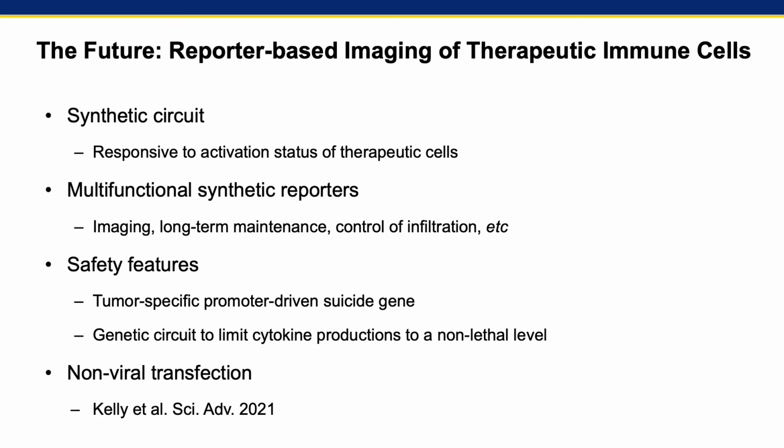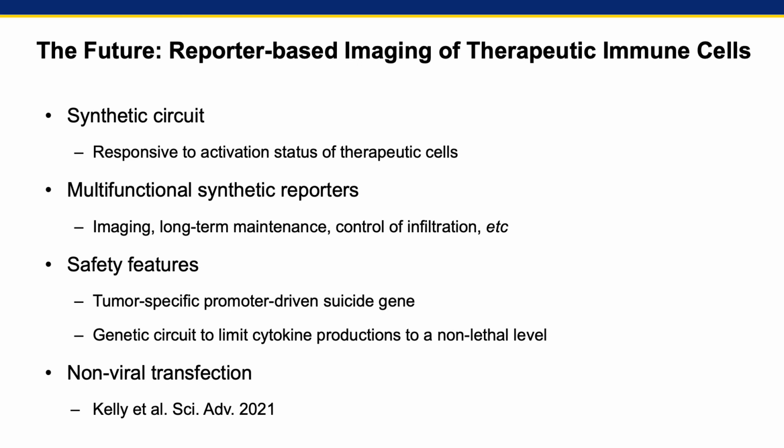And I'd like to conclude my presentation by suggesting where we can go from here for reporter gene-based imaging of therapeutic immune cells. We can build a synthetic circuit to improve or do more things. For example, a circuit that can respond to the activation status of therapeutic cells, so we can not only quantify and localize our infused cells, but also determine the status of their functionality.